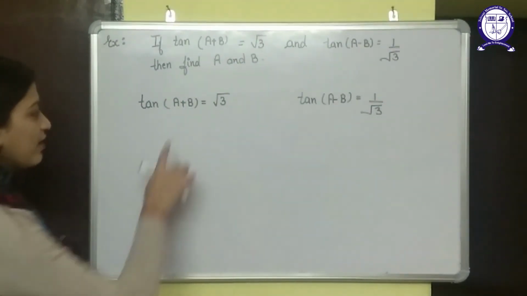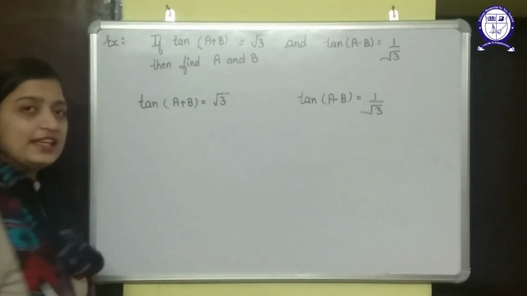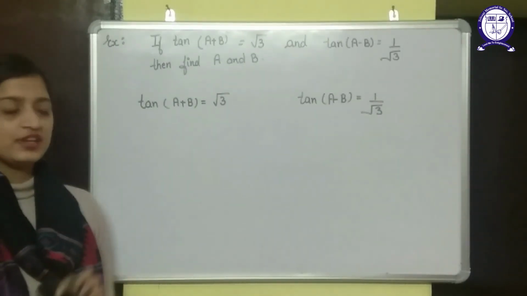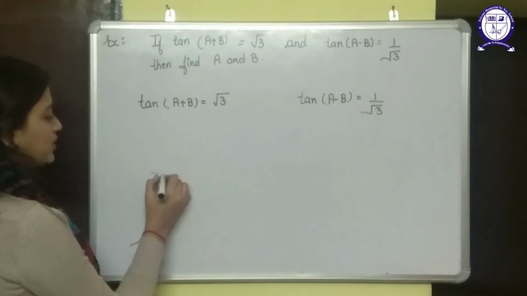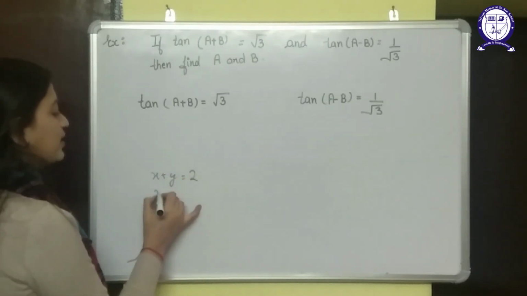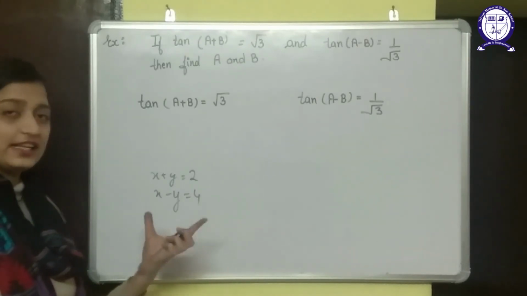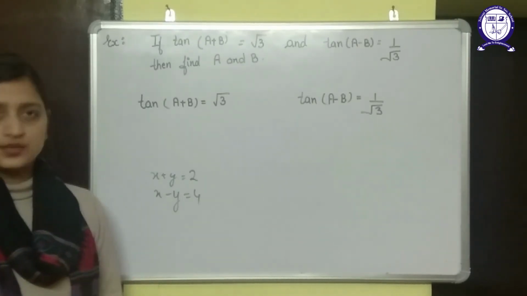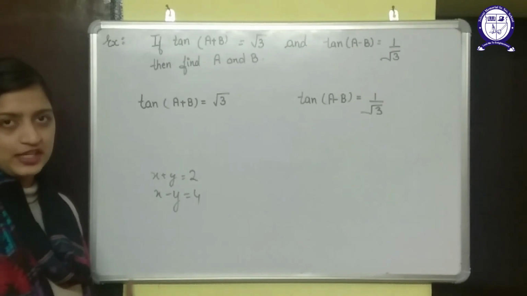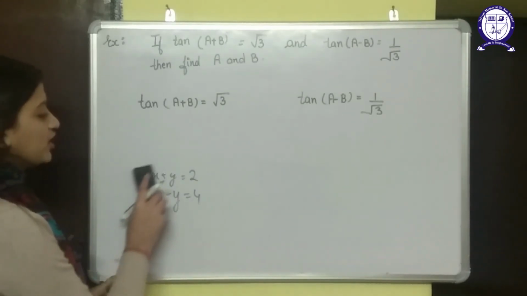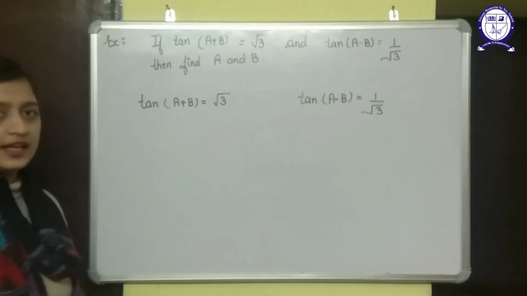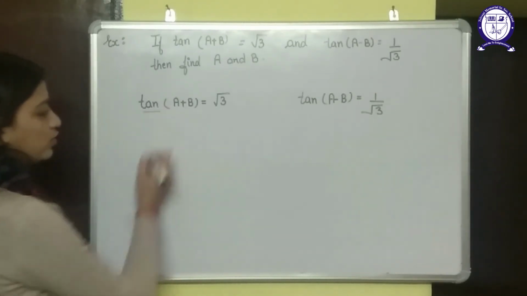You can see that I have a plus b and a minus b. I can easily solve the equations when we have something like this. x plus y equals to 2 and x minus y equals to 4. Whenever we have some equation like this, we can easily solve it either by the substitution method or by the elimination method. But in this question, with a plus b and a minus b, there is a tan also.